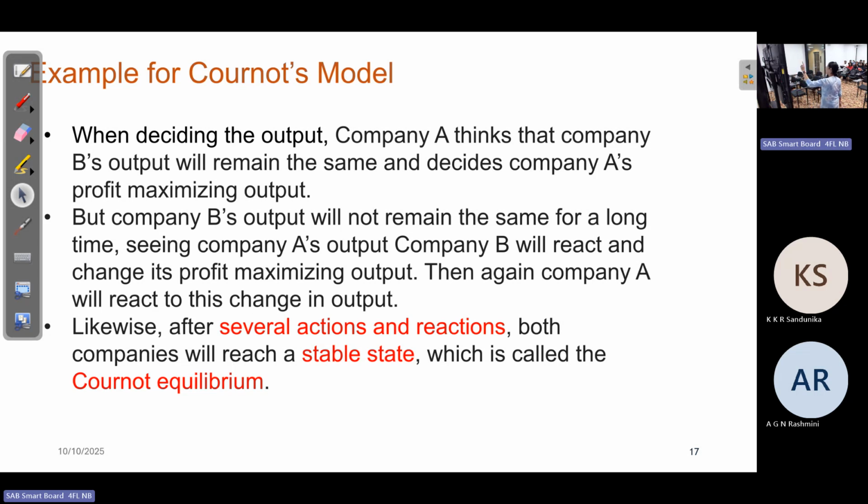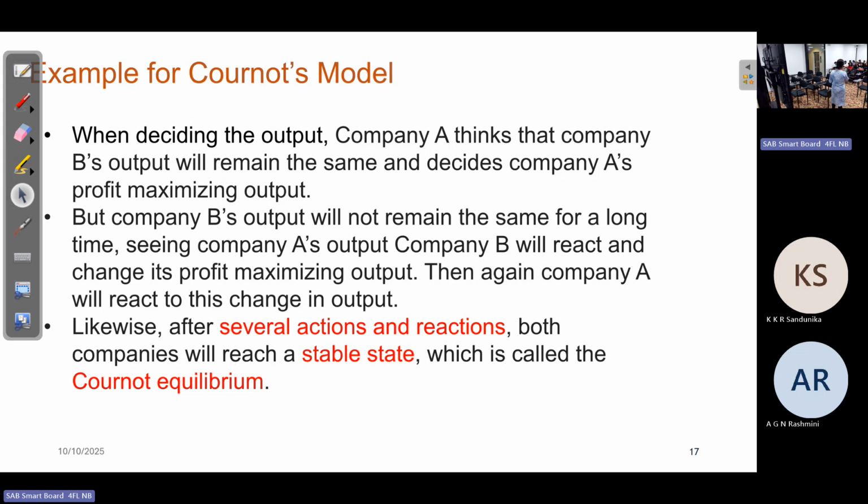So when deciding the output, company A thinks that company B's output will remain the same and decides company A's profit maximizing output. So when A decides its output, A has to assume how many units B will produce. The assumed quantity of B will remain unchanged.